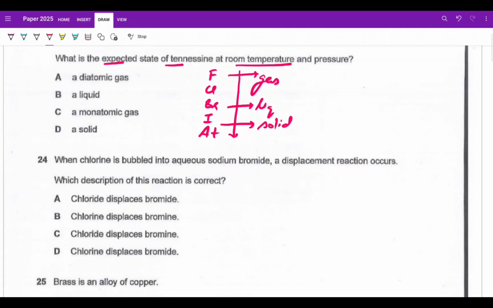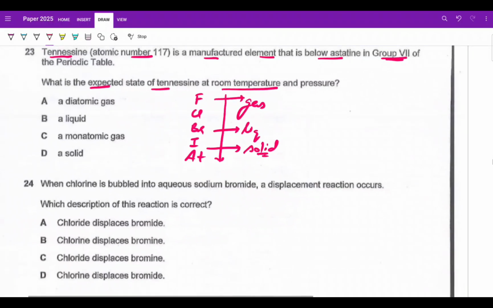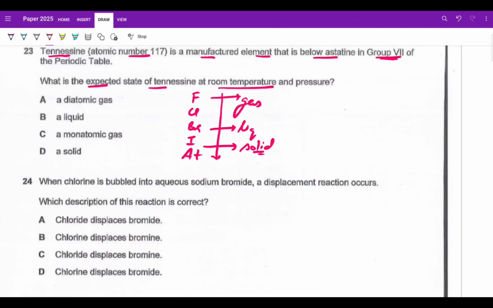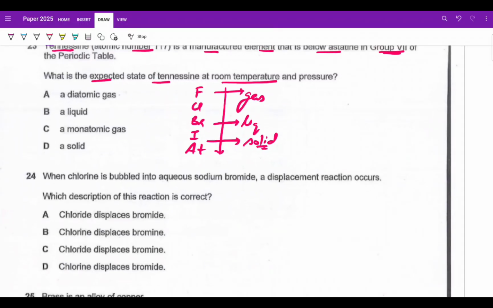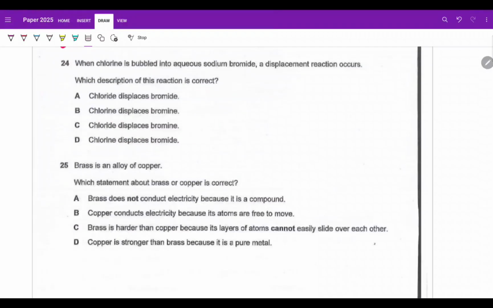So tennessine, which is below astatine, should also be solid in nature. Diatomic gas, wrong. A liquid, wrong. Monatomic gas, wrong. A solid, correct. Question 23, answer is D.